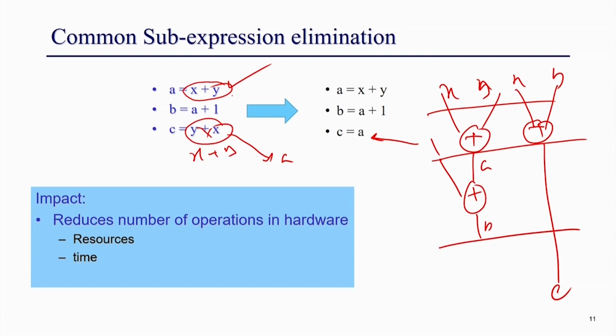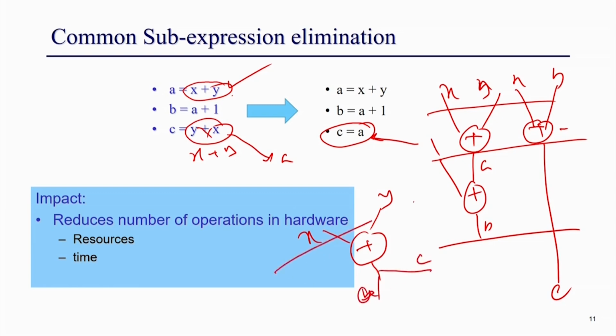On the other hand, I am not going to do this operation again, so I do not need this resource. Instead, I am going to do x and y once and assign it to both a and c, and then in the next cycle I can do this plus 1.